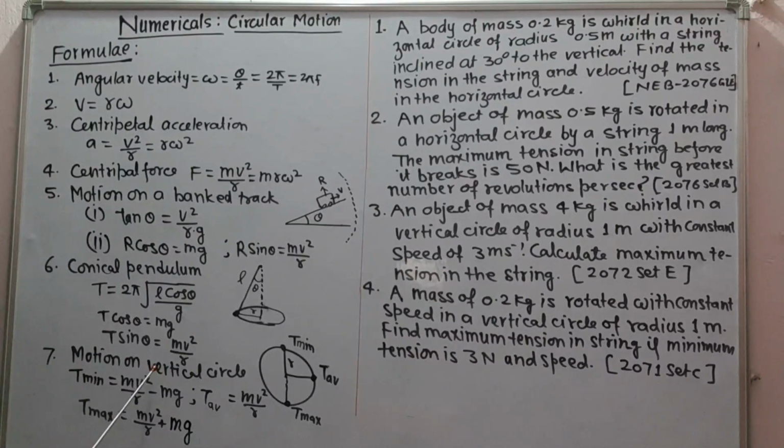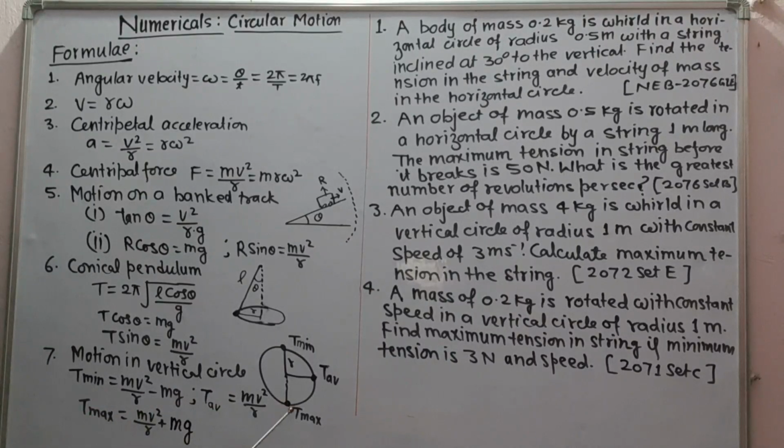Motion in vertical circle. During the motion in vertical circle, minimum tension is at the highest point of circle, given by T minimum is equal to mv square upon r minus mg.